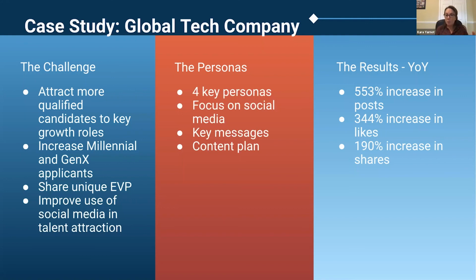But when we sliced the technology world by generation, we found there were great differences between the millennials in any kind of technology job and the Gen X folks in any kind of technology job. So we actually changed our focus midstream and created 2 of the personas, technology millennial and technology Gen X. But that's what the data told us.